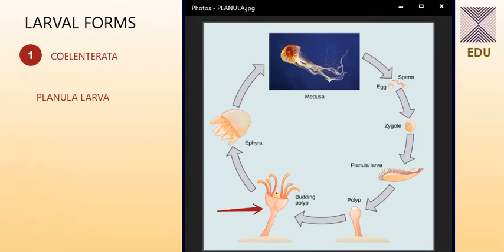Now this colony form, it is giving rise to special free living structures which are called as the medusae. So as in the case of Obelia also, we have the medusae in the life cycle, and these medusae, they can be male or female, and they are producing eggs and the sperms.